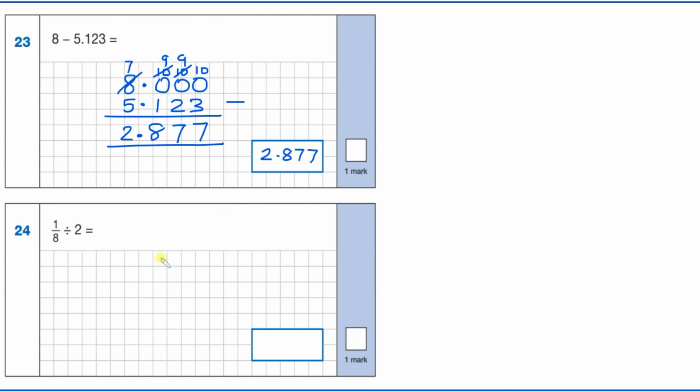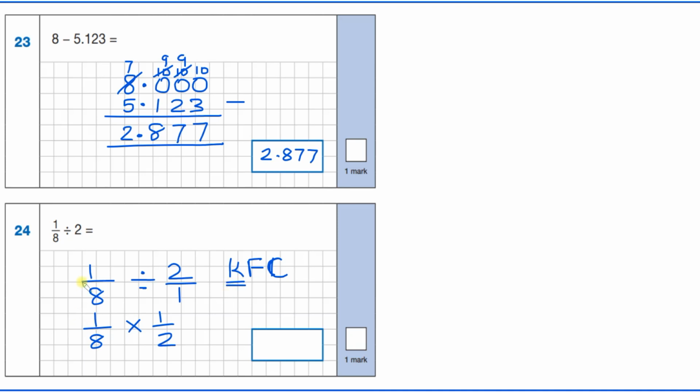2.877. 1 over 8 divide by 2. If the 2 is a whole number, underneath the 2 there is a 1. So 1 over 8 times, if you flip the fraction, 1 over 2. We used to call it KFC. So it's a KFC method.